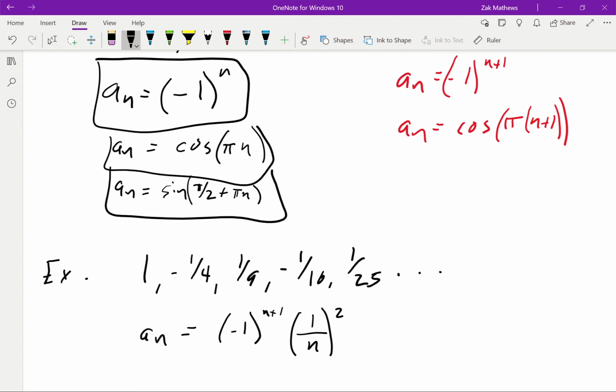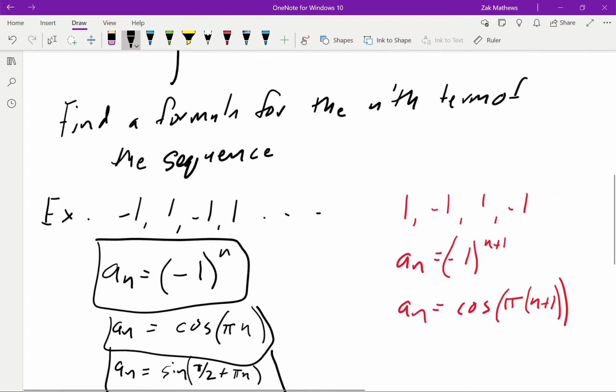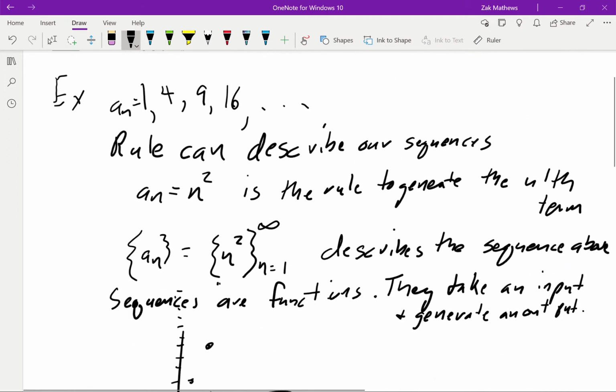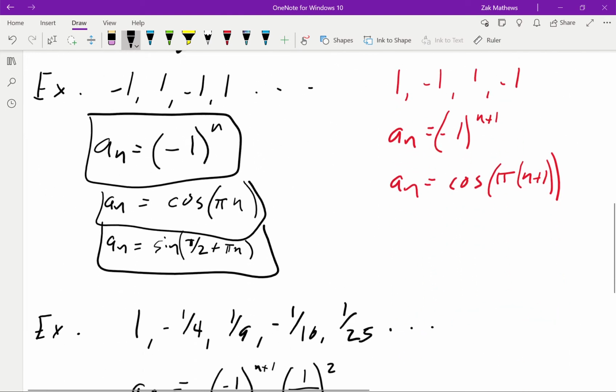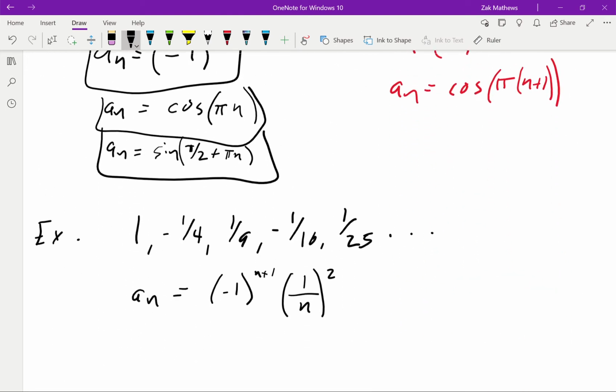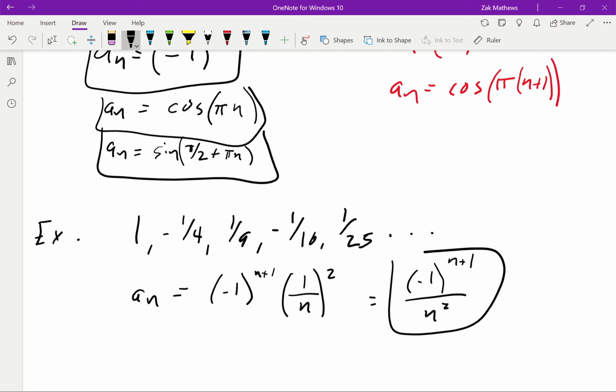So I said it's the same as that first example, not quite, because in the first example there it was in the numerator, here it's in the denominator, but it's the same idea, 1 over n squared. We could have also moved that numerator, could have written it maybe a little bit more simply as negative 1 to the n plus 1 over n squared. That would also be fine. Either of these, absolutely fine.